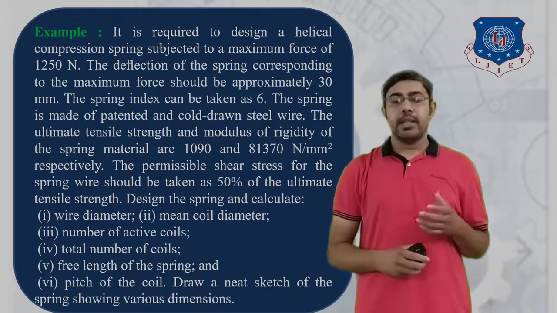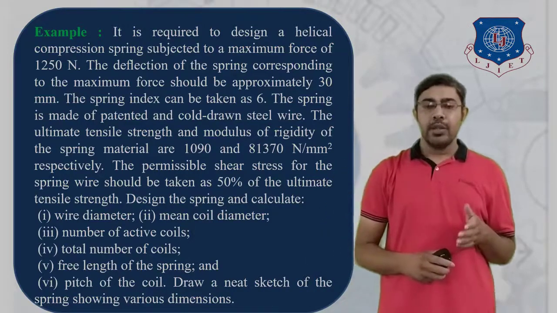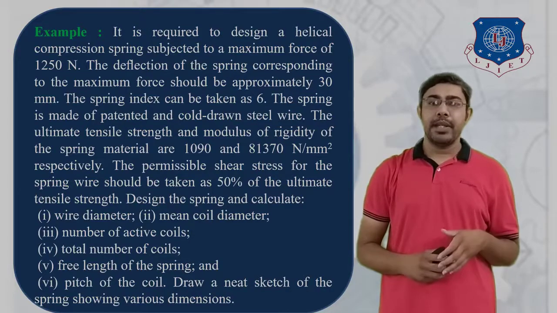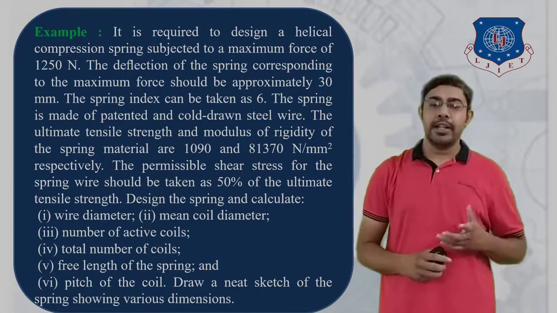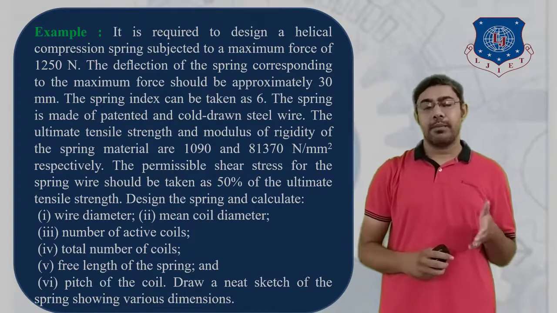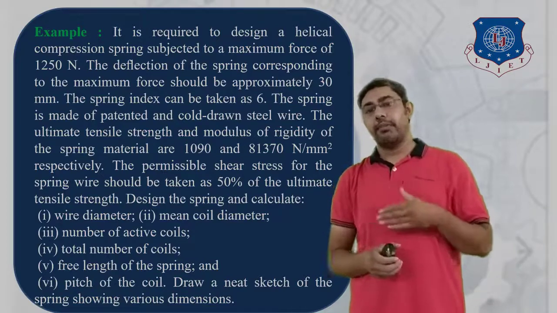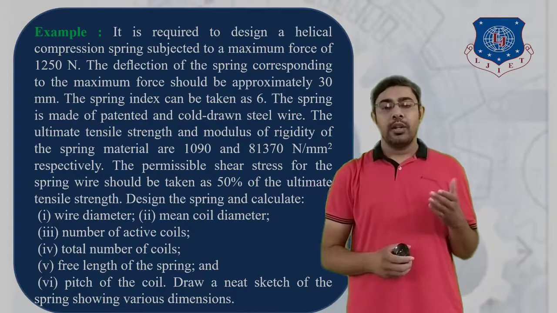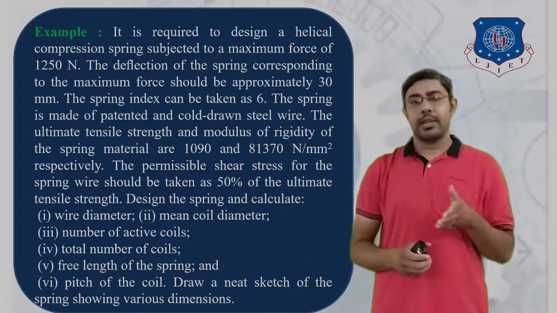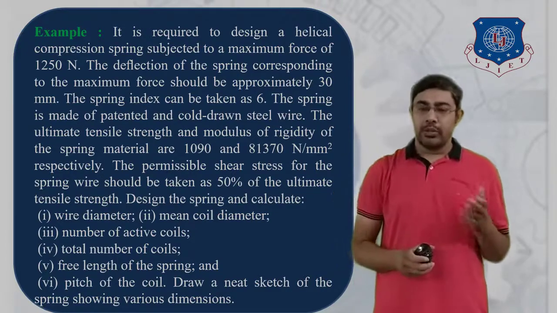The permissible shear stress for the spring wire should be taken as 50% of the ultimate tensile strength. So here you have to consider the permissible shear stress is equal to 50% of the ultimate tensile strength. So permissible shear stress is equal to 0.5 into SUT.